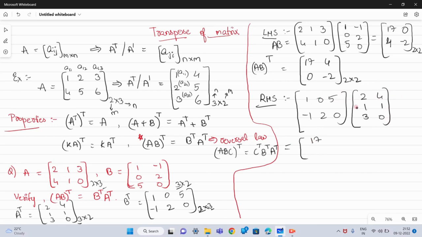Here 4, 4, and minus 2, 0, this 0 and this minus 2. 2 cross 2. Now just see, LHS is equal to RHS. Hence, this reversal law is satisfied.